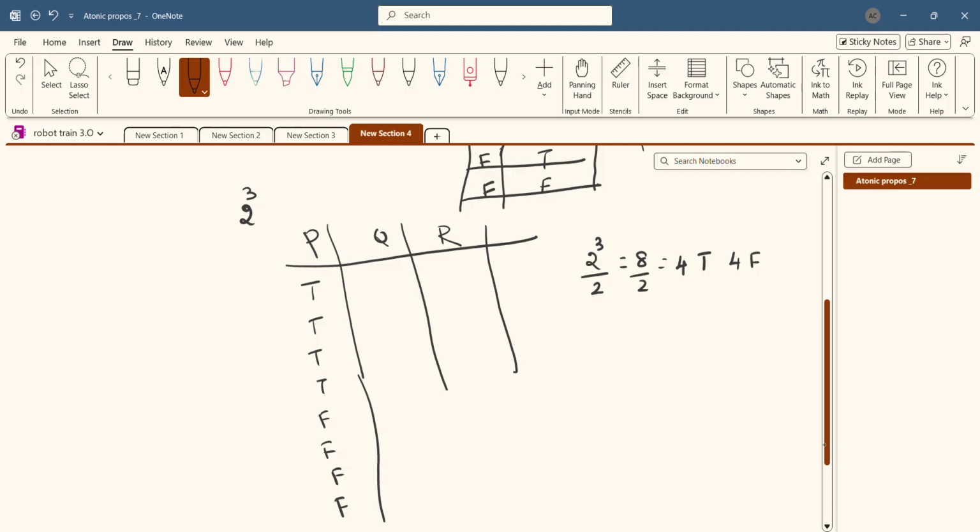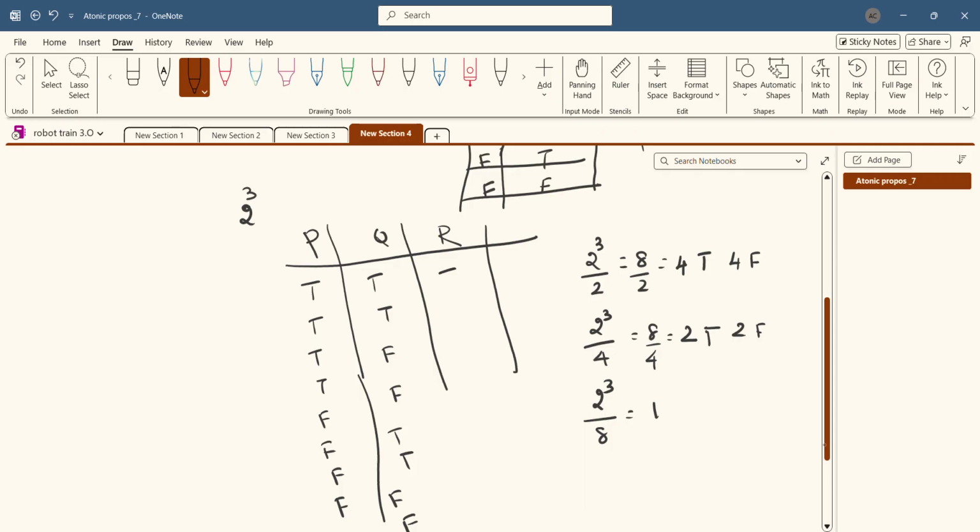The second column is written in this manner: 2 cube divided by 4, that means 8 divided by 4, which is equal to 2. So 2 trues followed by 2 falses, then again 2 trues followed by 2 falses. How are we going to write the third column? 2 cube divided by 8, which is equal to 1.